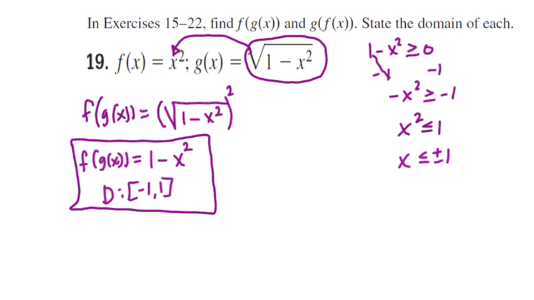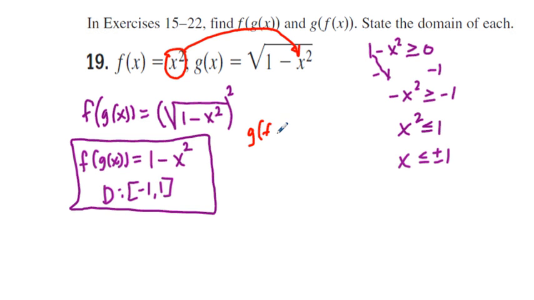Okay, our next part is going to be plugging this f of x into x here. So we're going to have g of f of x equal to the square root of 1 minus x squared, squared.